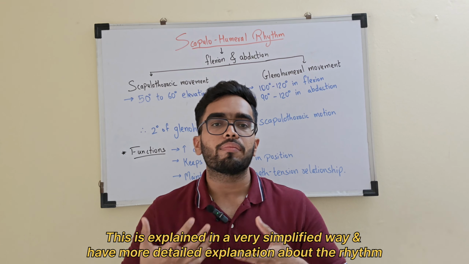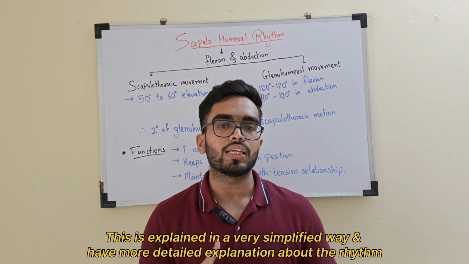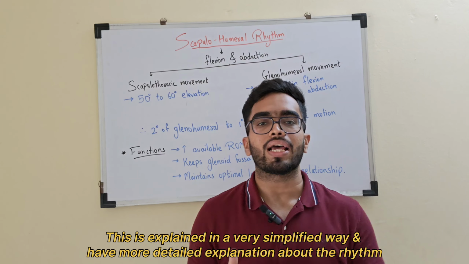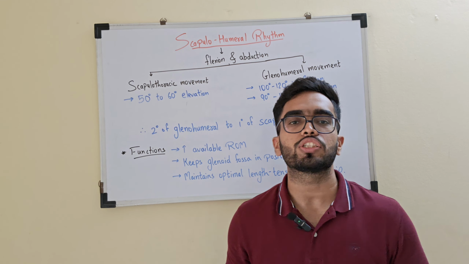So one important mechanic of the shoulder complex is the scapulohumeral rhythm. Okay, so it is between the scapulothoracic joint and the glenohumeral joint.